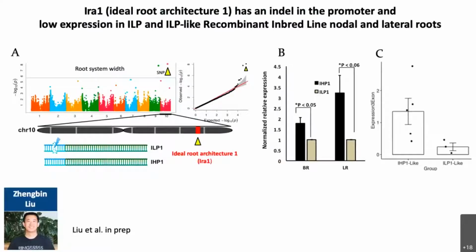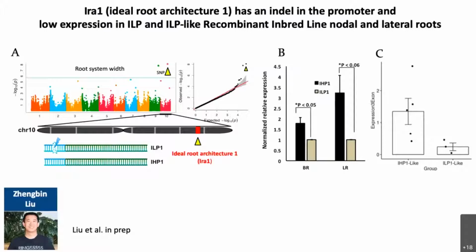We get reduced expression in brace roots and lateral roots, and any RILs that have the ILP allele, the expression is greatly reduced. And so what we think is happening is this gene is involved, again, in carbon-nitrogen metabolism, and we think the ILP lines basically sense that they are nitrogen satiated, and they grow their roots not particularly looking for more nitrogen.